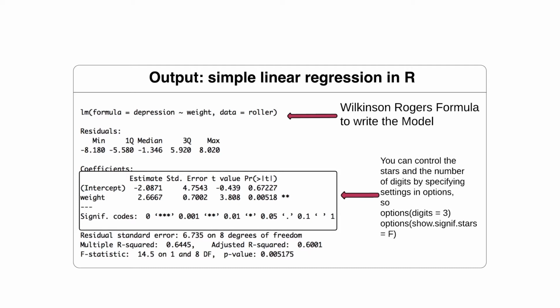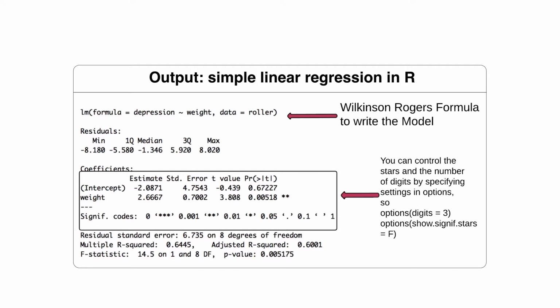The second line is about the weight, which means if the roller weight is heavy, then it's going to make a bigger depression. And you can see the unstandardized beta coefficient here, which is 2.667. So with each increasing weight in kilograms, you're going to get a 2.67 unit increase, however that was measured, in the depth of the depressions.